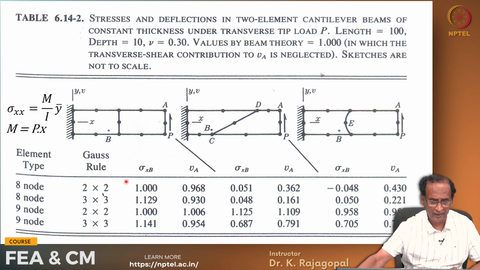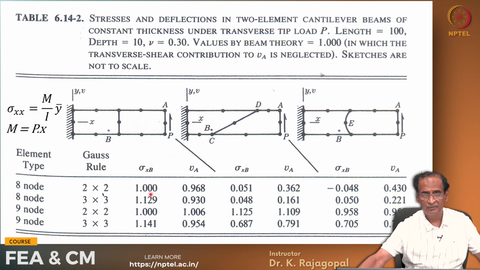And for this case, with the 2/2 integration, if you use 8 node element, the sigma at this place is exact, 1 times the actual stress, so that is 100% exact, and the tip displacement is not bad, 0.968 times the actual displacement.